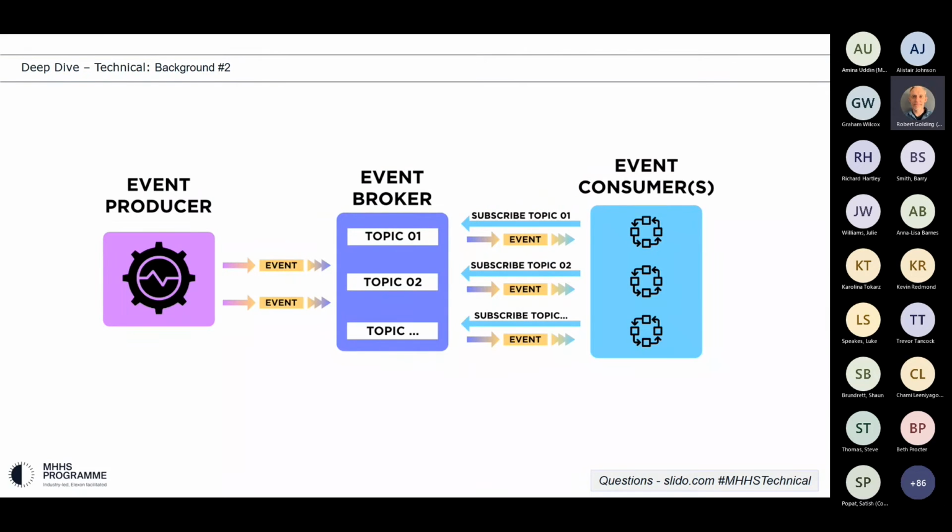Before the MHHS programme started back in the autumn of last year, a large amount of work had already been done in the development of the MHHS TOM by the CCDG. In parallel, there was a proposal for the introduction of an event-driven architecture to support the orchestration of the TOM, which was done by the Architectural Working Group, the AWG.